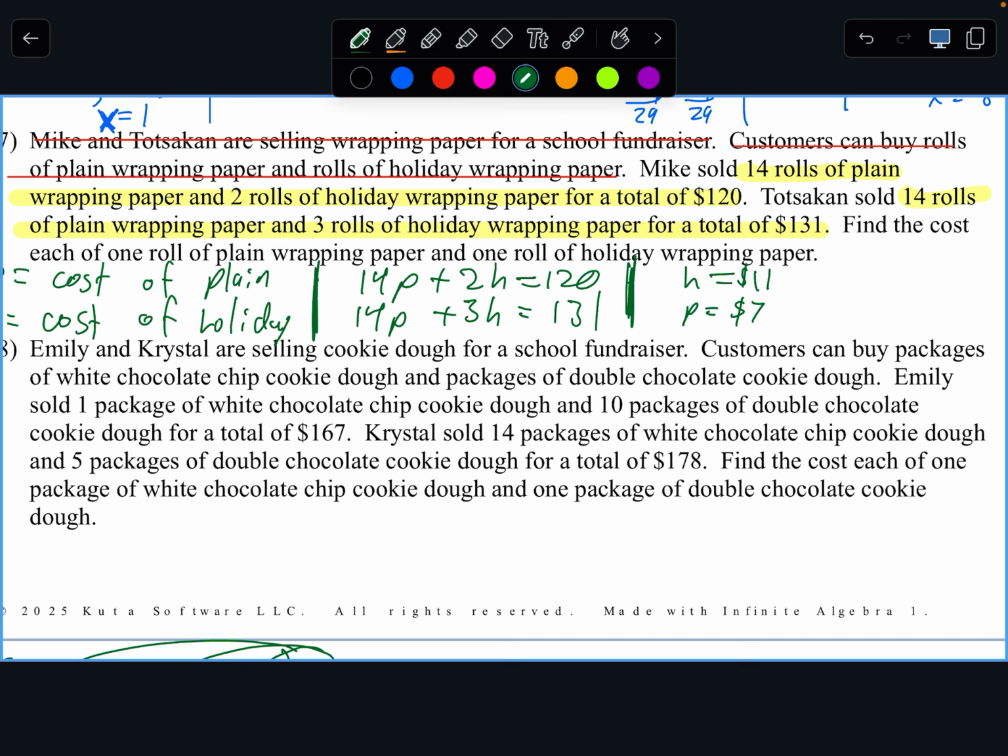Emily sold 1 package of white chocolate chip cookie dough, and 10 packages of double chocolate cookie dough for a total of $167. Crystal sold 14 packages of white chocolate chip cookie dough and 5 packages of double chocolate cookie dough for a total of $178. Write the cost of each of 1 package of white chocolate chip cookie dough and 1 package of double chocolate cookie dough.